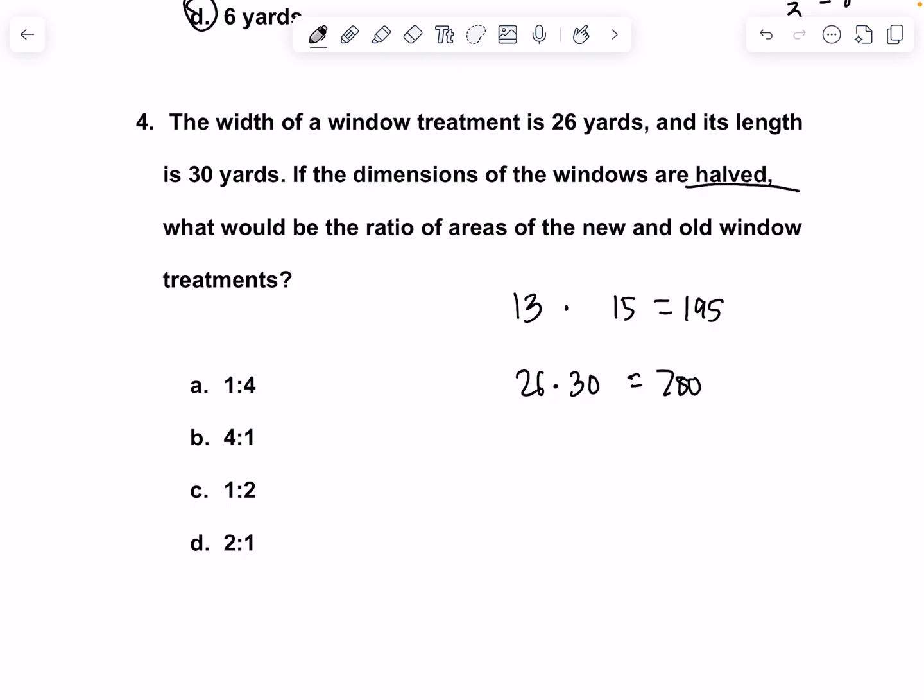And 780 divided by 195 is actually 4, meaning the ratio would be 1 to 4. So the answer would be A.